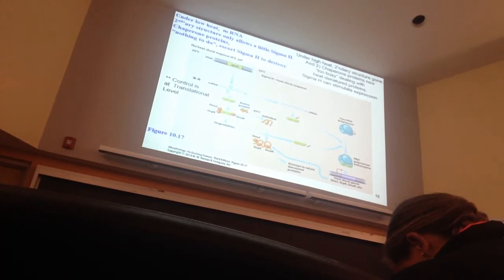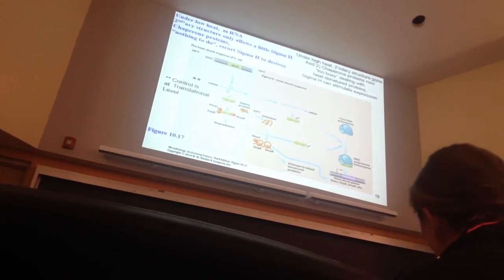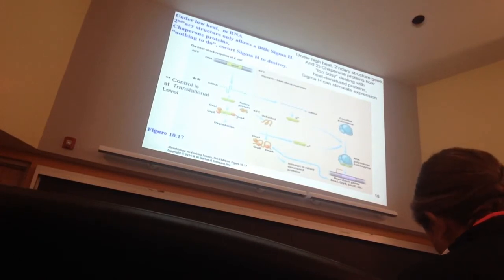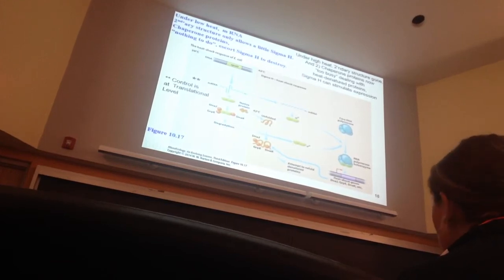That's a little bit me talking down to it. That's not quite the anthropomorphic is the word I'm talking about. But it is part of it. There's no damaged proteins, and so these chaperone proteins degrade the sigma factors.